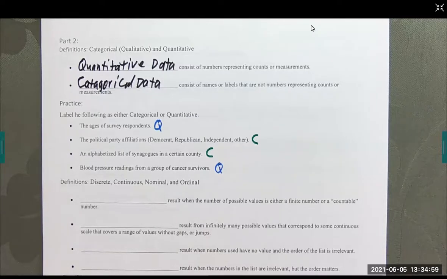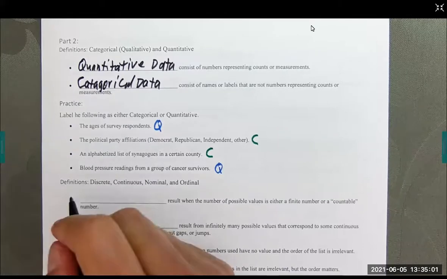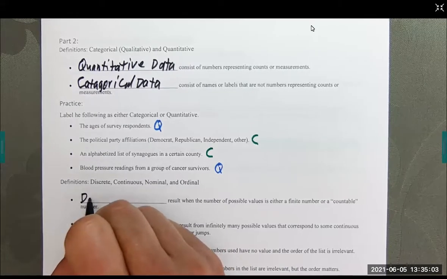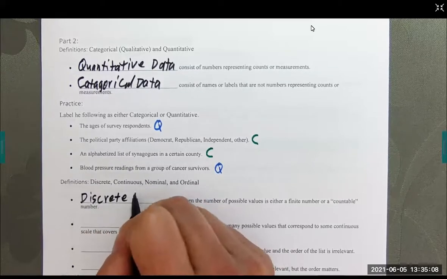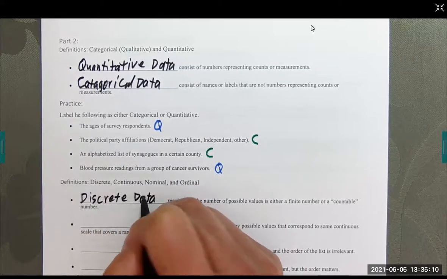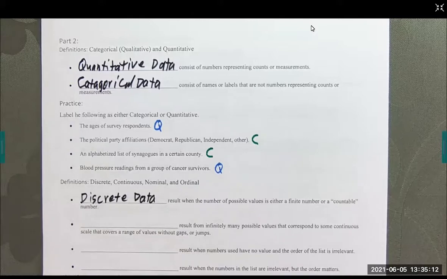So next up, we have discrete data. It is the result when the number of possible values is either a finite number or a countable number.